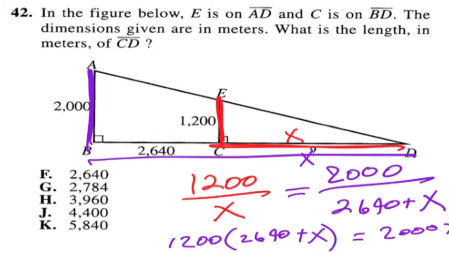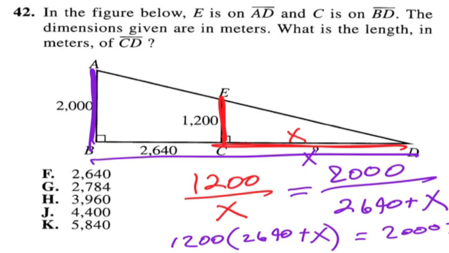So 1200 times 2640 is equal to 3168000. And now we have a plus 1200X equals 2000X. Now the next step is to subtract the 1200X from both sides.